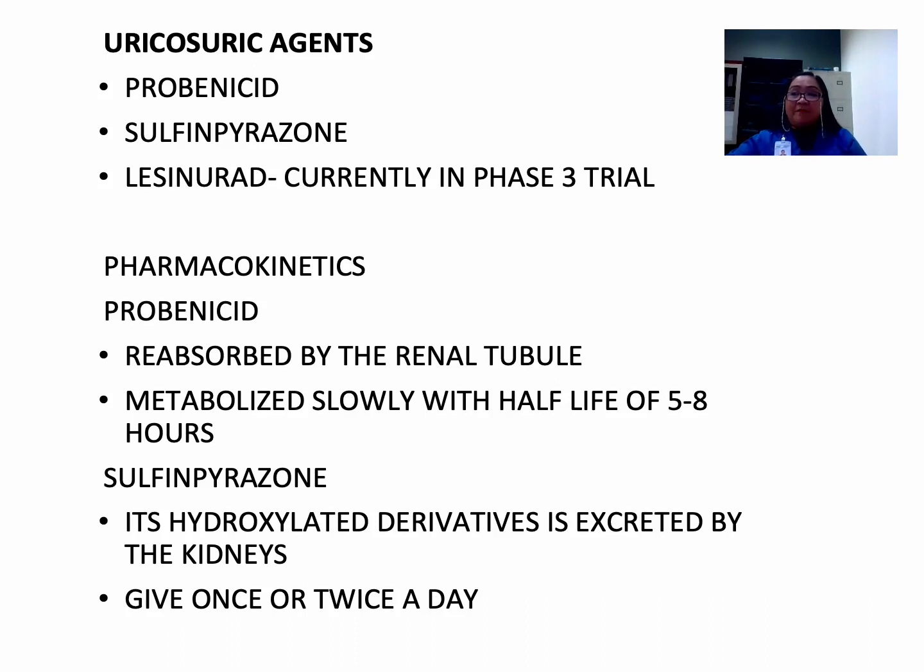Uricosuric agents. I made a diagram. The examples are probenecid, sulfinpyrazone, and lesinurad, which is currently in phase 3 trial already. Pharmacokinetics: probenecid is reabsorbed by the renal tubule and metabolized slowly with a half-life of 5 to 8 hours. And for sulfinpyrazone, its hydroxylated derivatives are secreted in the kidneys. Give once or twice a day.